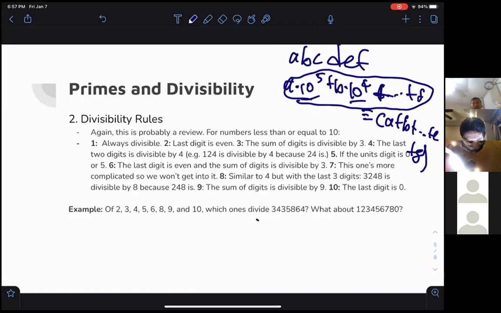So then it would be A times 10 to the n minus B times 10 to the n minus 1 plus C times 10 to the n minus 2 plus dot dot dot is equal to the number. Because of this, we can derive the divisibility test for 11 in much the same way that the divisibility test for 9 was discovered.